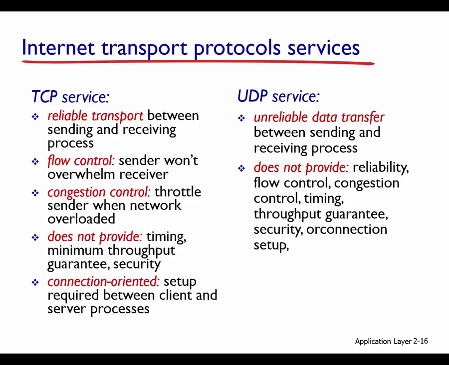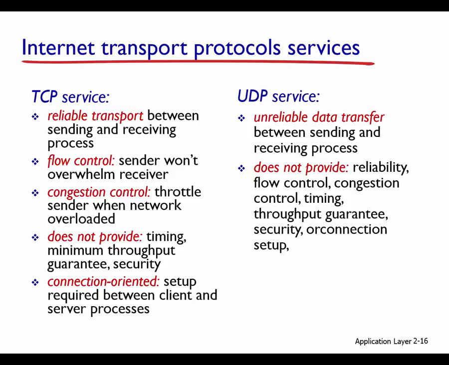You basically have to have the application provide that. And TCP has the overhead of the fact that it's connection oriented, so there has to be some sort of setup between a client-server process.